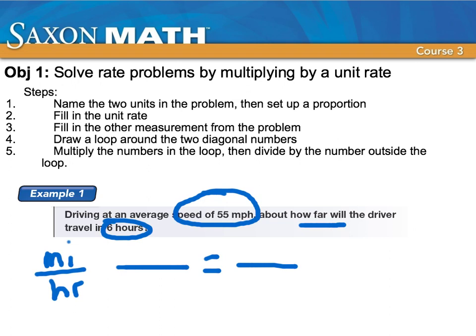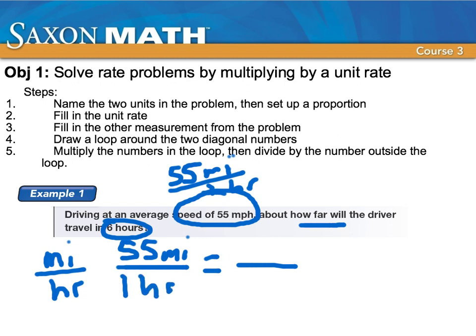Then it says fill in the unit rate. Anytime you hear the word per, like miles per hour, typically that means it's going to be the unit rate. This means 55 miles per 1 hour. So I'm going to put that here. 55 miles, my miles go on top, because that's where I put them in the labels on the left. And then per 1 hour.